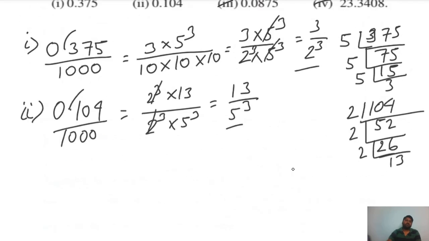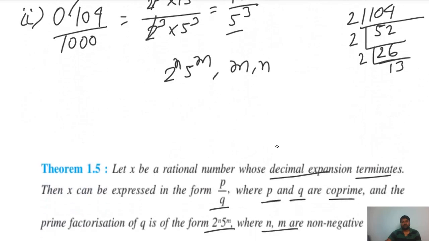So when we transform the decimal expansion of terminating rational numbers, we get two numbers p and q, where p and q are coprime and q can be represented as 2 to the power n and 5 to the power m, where m and n are non-negative integers.